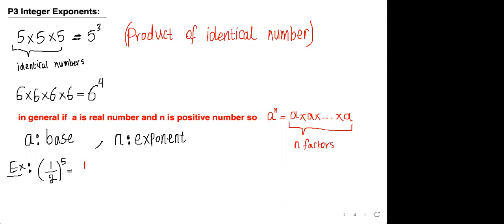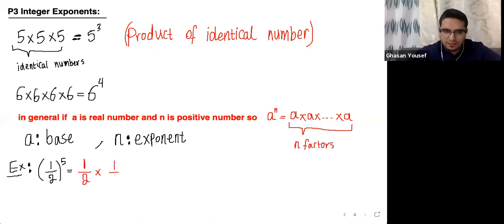Yes, this is correct. So this is equal to 1/2 times 1/2 times 1/2 times 1/2, 5 times: 1, 2, 3, 4, and one more.